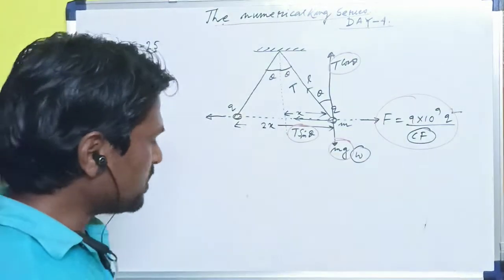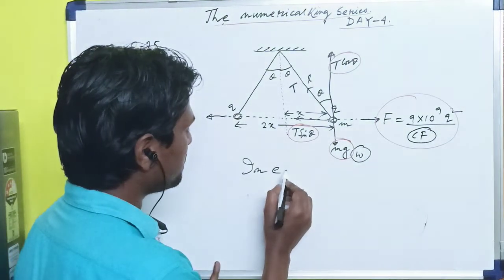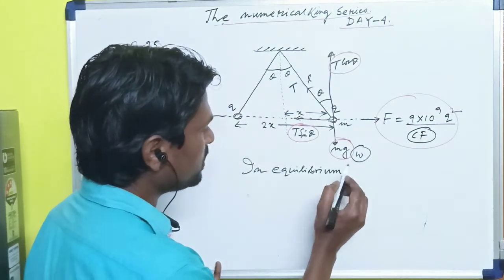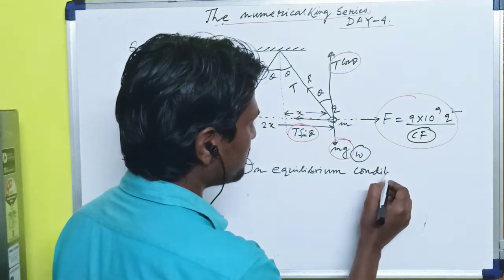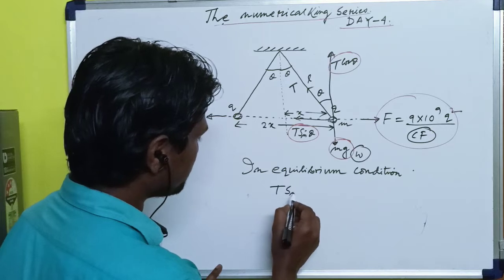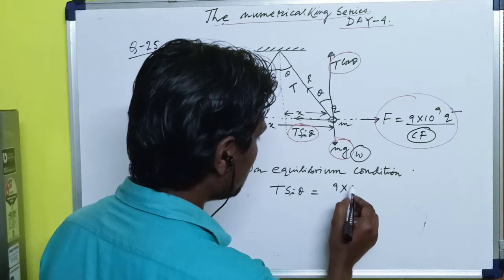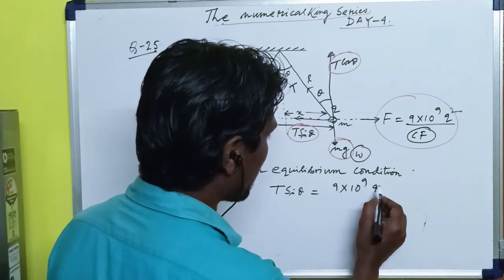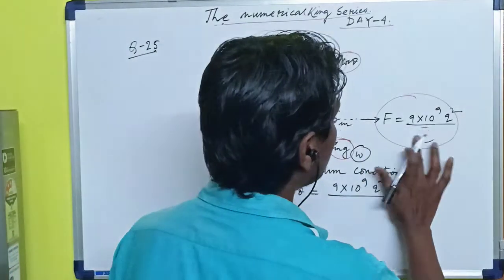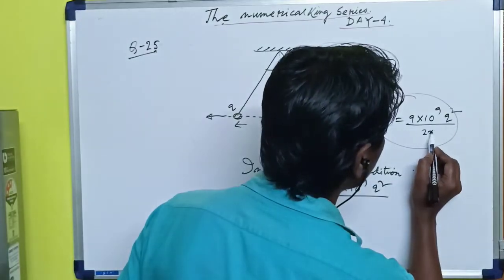So in equilibrium condition, T sin theta equals this one, 9 into 10 to the power 9 q square, q1 q2 by distance square, this is 2x, so (2x) square.